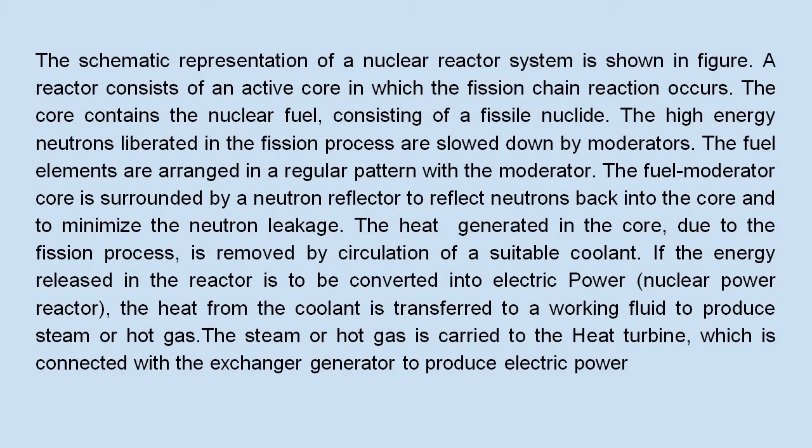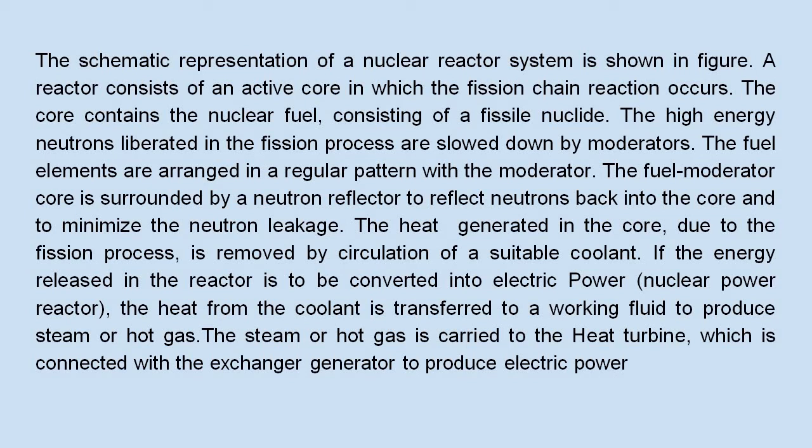The fuel elements are arranged in a regular pattern with the moderator. The fuel moderator core is surrounded by a neutron reflector to reflect neutrons back into the core and to minimize the neutron leakage.